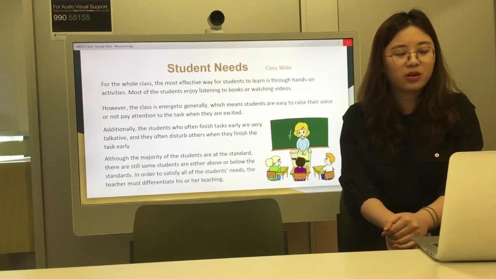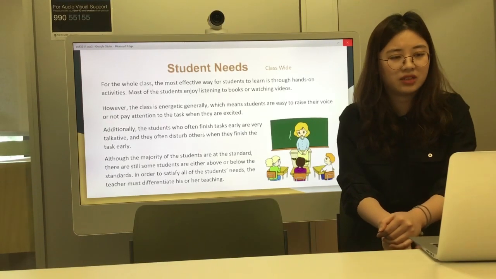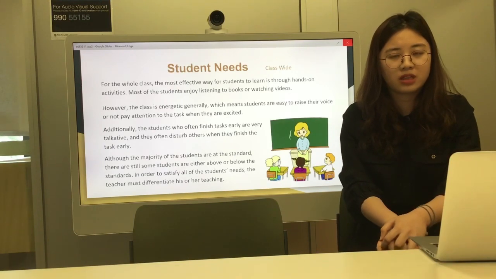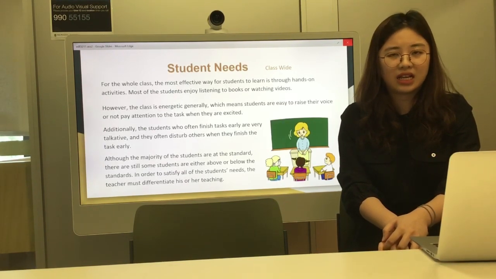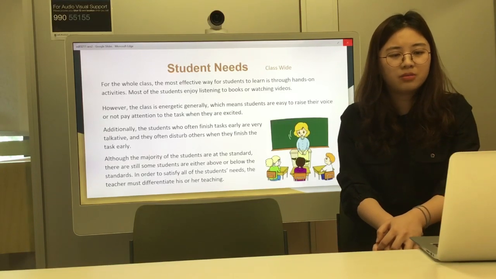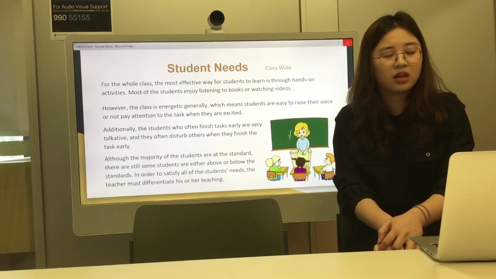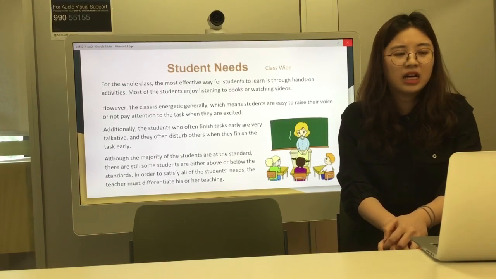For the whole class, the most effective way for students to learn is through hands-on activities. Most of the students enjoy listening to books or watching videos. However, the class is generally energetic, which means students easily raise their voices or stop paying attention to the task when they are excited.